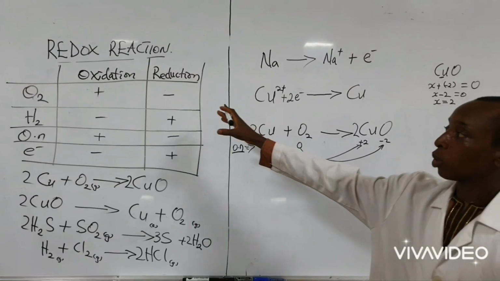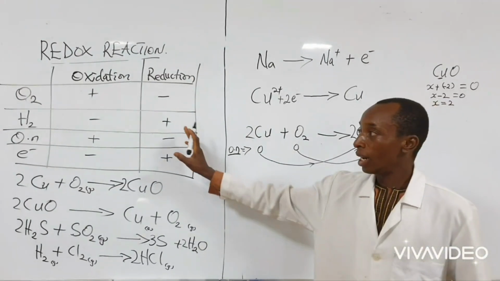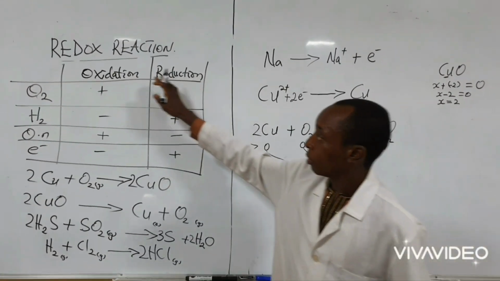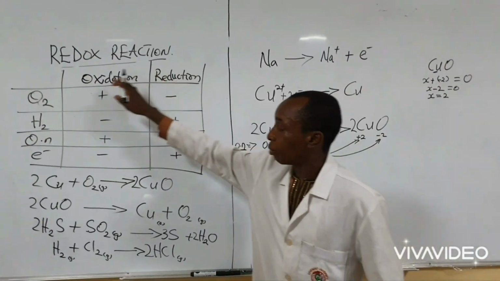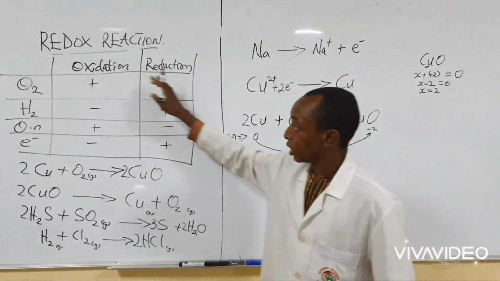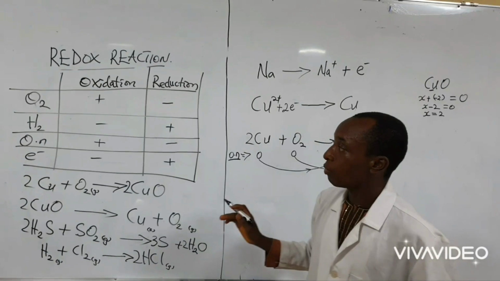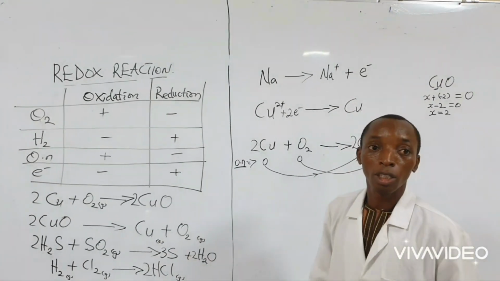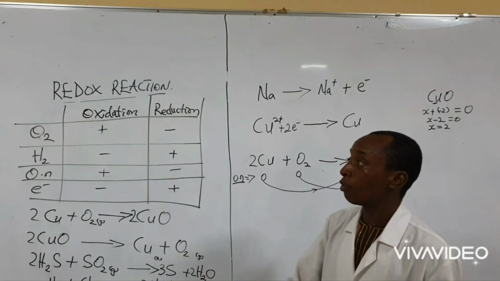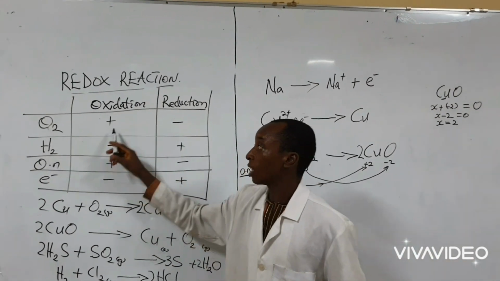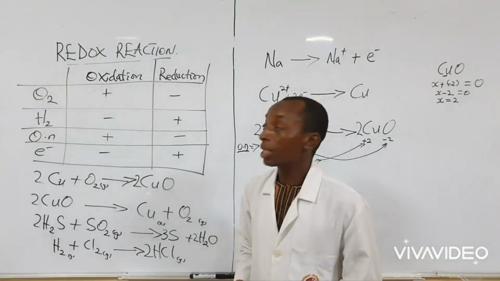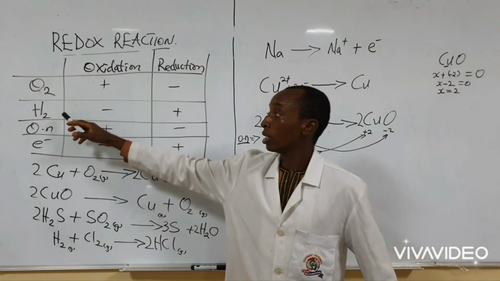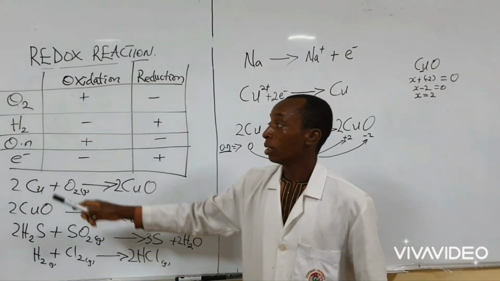Going back to this table, it will be very easy in examination or before examination. If you sit down with this table and you study it properly, it will be very easy for you to define your oxidation and reduction, even at a glance. In terms of oxygen, oxidation is addition of oxygen to a substance. In terms of hydrogen, oxidation is removal of hydrogen from a substance.